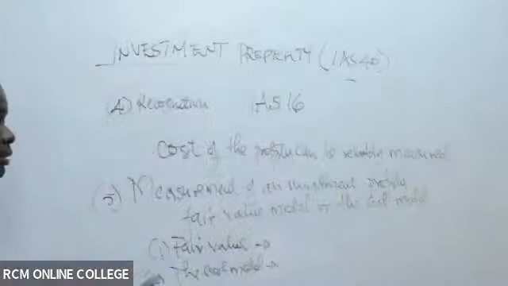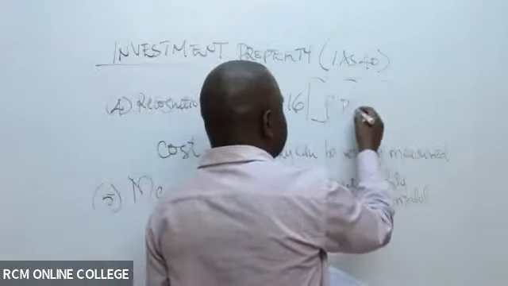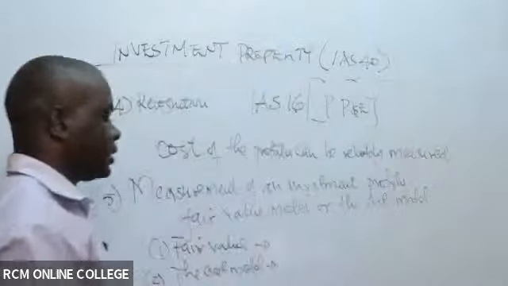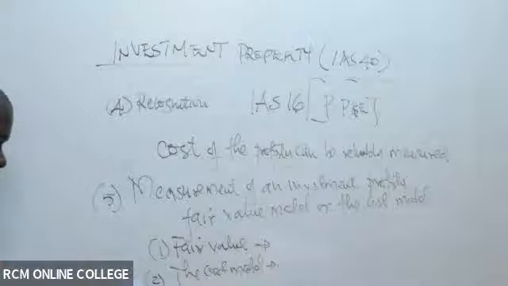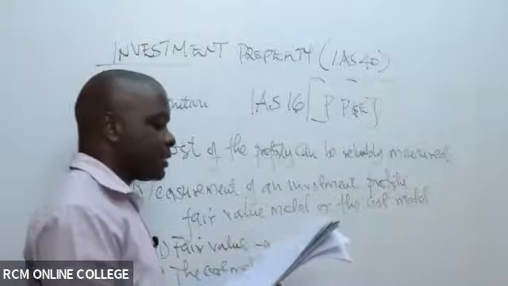In brackets, you put property, plant, and equipment, or PPE. This particular IAS deals with property, plant, and equipment. Will be accounted as per International Accounting Standard number 16.